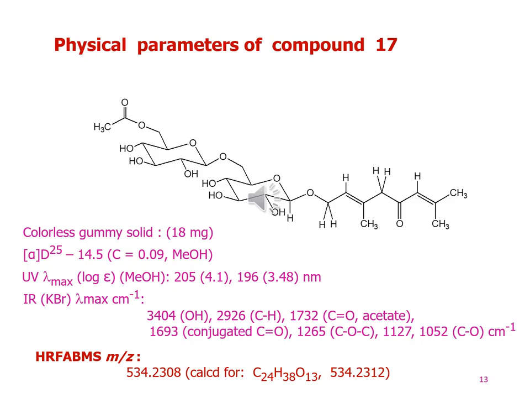The IR spectrum was taken in a potassium bromide disc and shows absorption at 3404 for hydroxyl group, 2926 for carbon-hydrogen stretching, 1732 for carbonyl and acetate groups, 1693 for conjugated carbonyl groups, 1265 for C-O-C stretching, and 1127 and 1052 for C-O bonding.